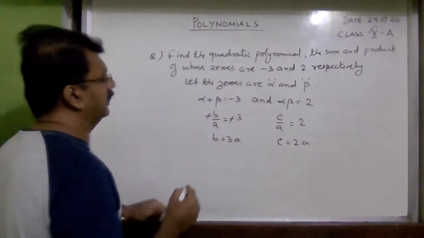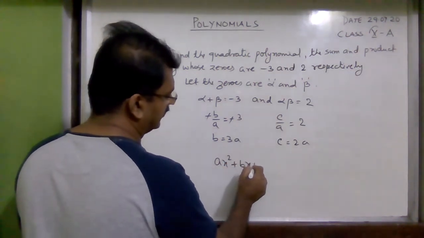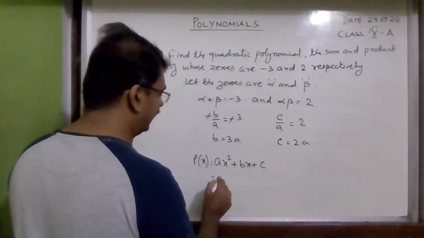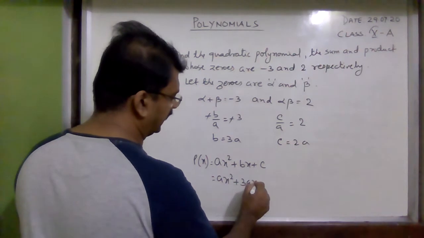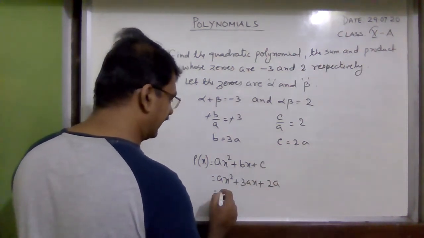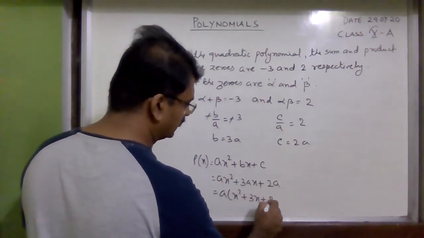Now the quadratic polynomial is ax square plus bx plus c. In place of b you write down 3a, so 3ax. In place of c you write down 2a, and now you take a common, so within brackets you will have x square plus 3x plus 2.